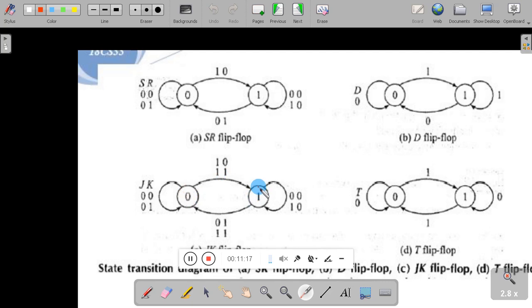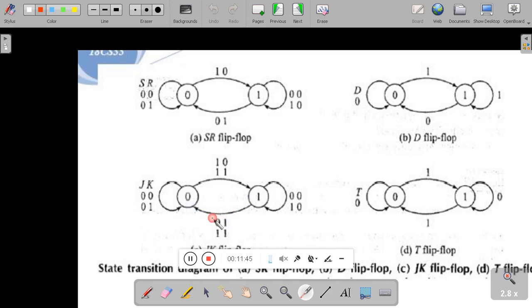Similarly, suppose it is in state 1, then if you give the value 0 0, it will be in the last state only, that is state 1. Or if it is in state 1 and if you give the value of JK 1 0, it will be in that state only. And to move from state 1 to 0, the value of JK is 0 1.